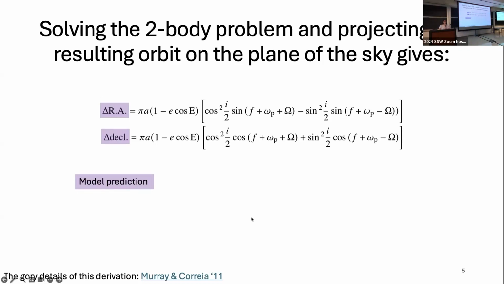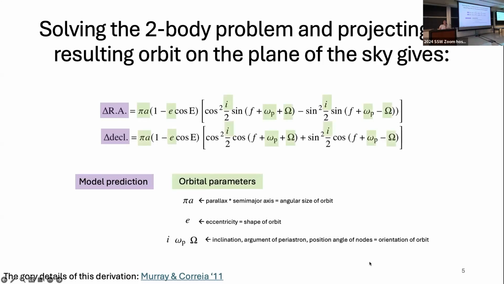So this is the model prediction, your relative right ascension and relative declination. Here I've switched to Cartesian coordinates for the relative position of the planet and the star. Then we've also got a bunch of orbital parameters here. All of these things in green are characteristics of the system itself. We've got pi as the parallax, a as the semi-major axis, e is the eccentricity or the shape of the orbit.